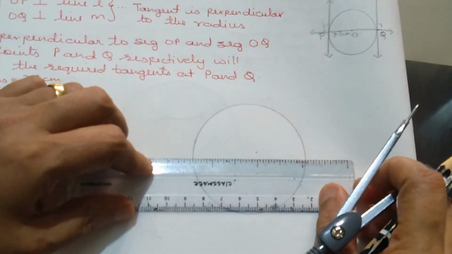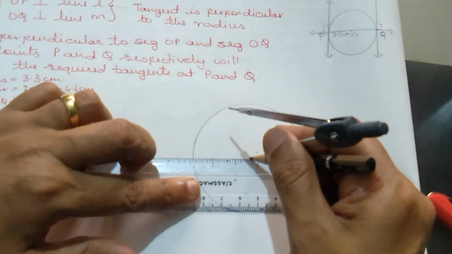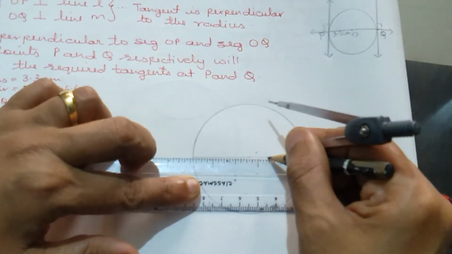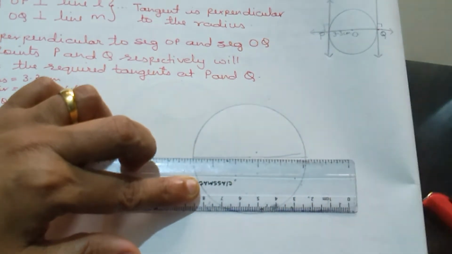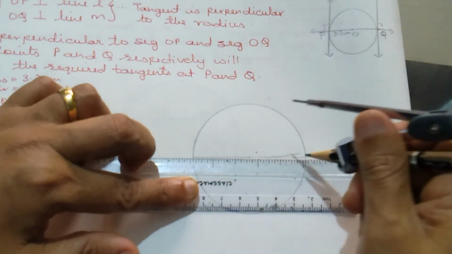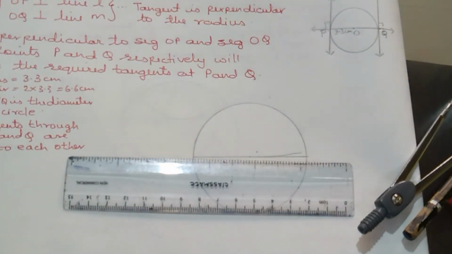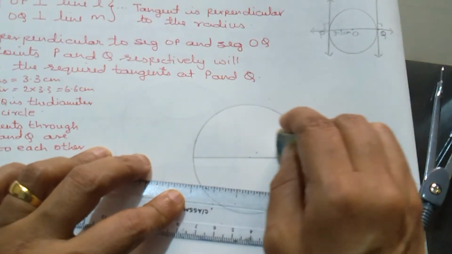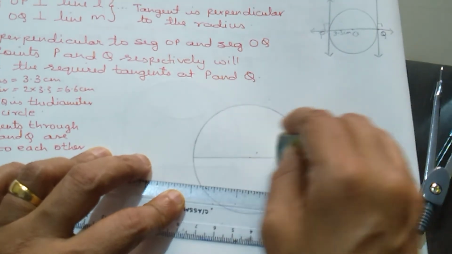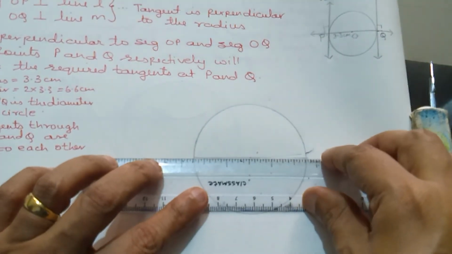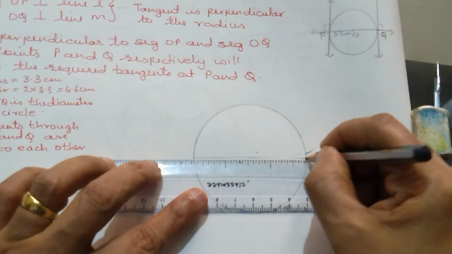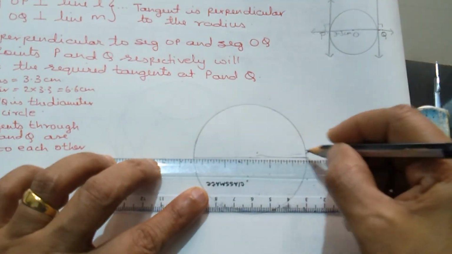Now just now I told you PQ is the diameter of the circle. So draw PQ passing through the center, and extend the diameter outside.